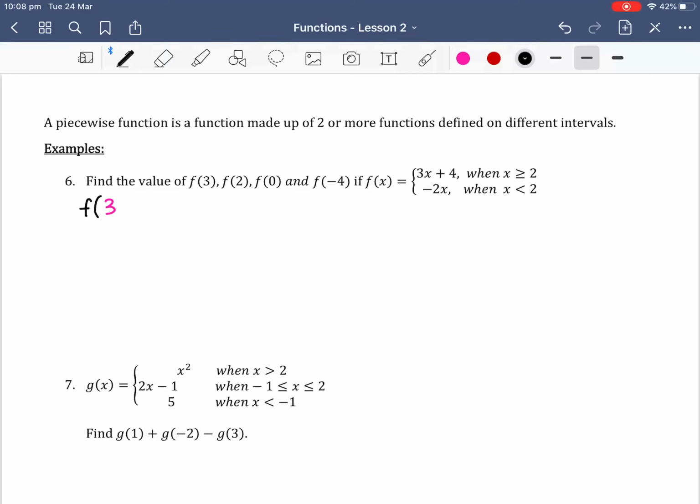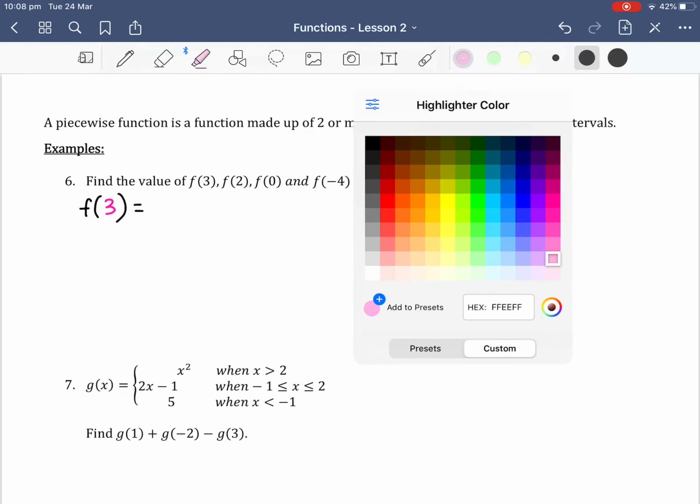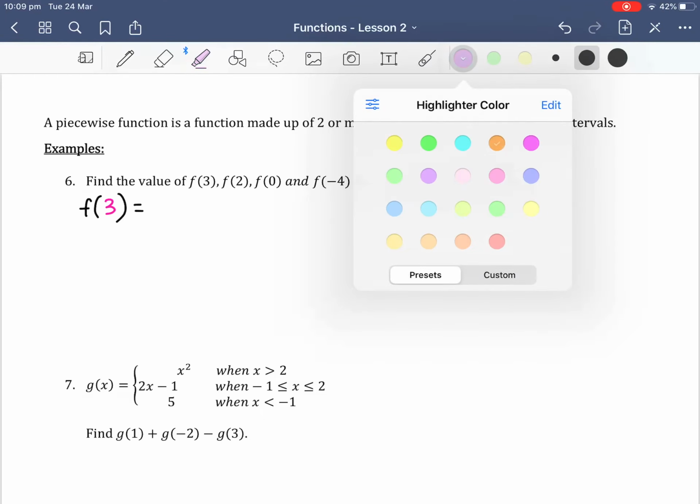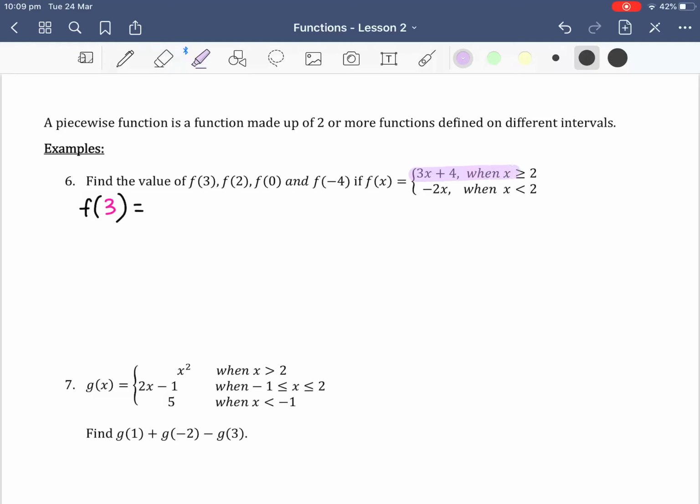So for our first one, we have f(3). And so we're going to use our first one. We're going to use this one here because 3 is greater than or equal to 2.